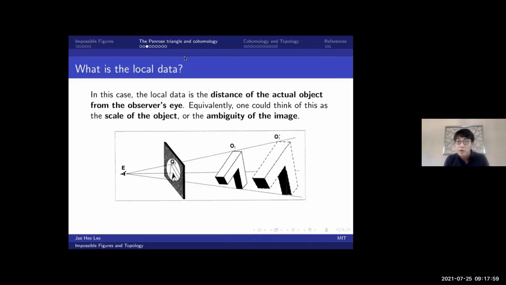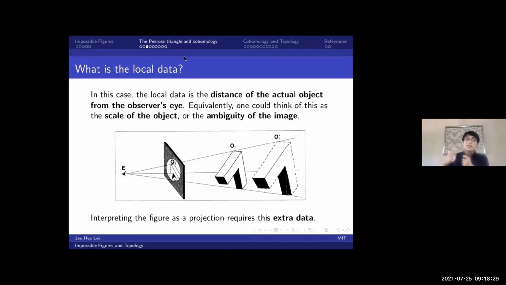Equivalently, how far it is from your eye, and equivalently how big it is, because everything has to increase proportionally. So in sum, to summarize, interpreting this kind of figure locally, as a projection, requires this extra choice of data. And that is the local consistent data that we're associating to each local piece.